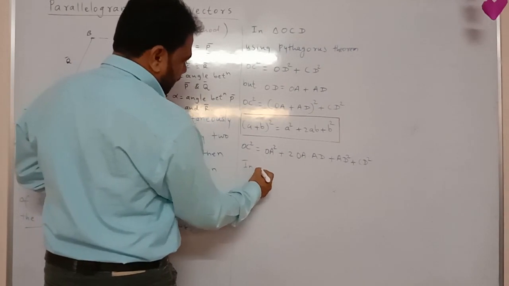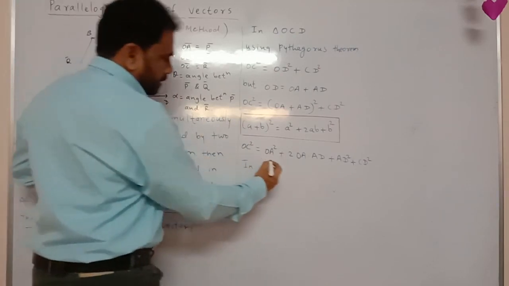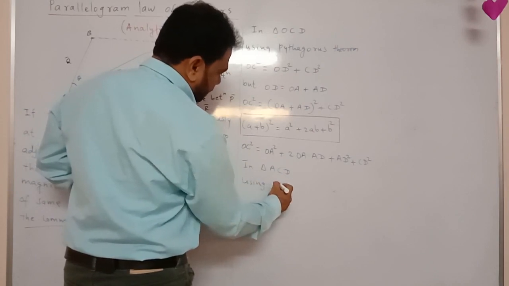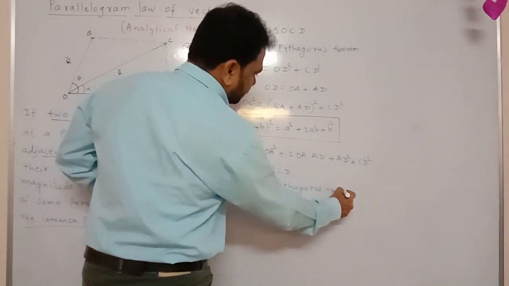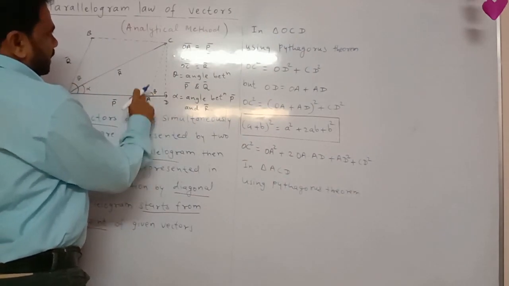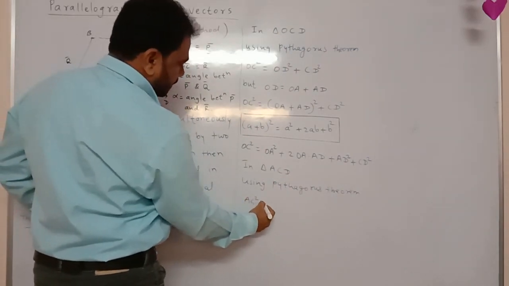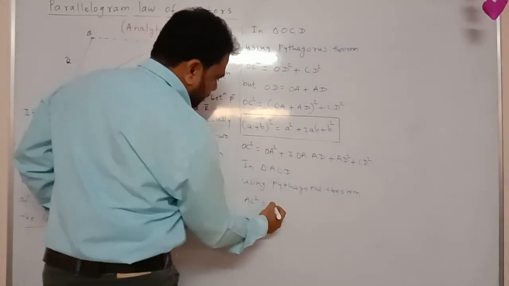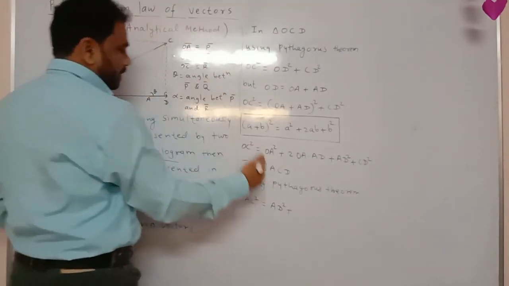Now the next triangle is ACD. In triangle ACD, again using the Pythagoras theorem, AC is the hypotenuse. So hypotenuse square, AC square, is equal to base square, which is AD square, plus height square, CD square.